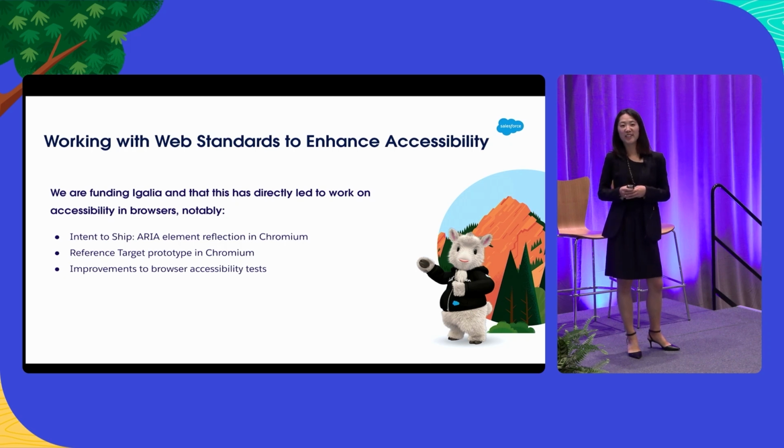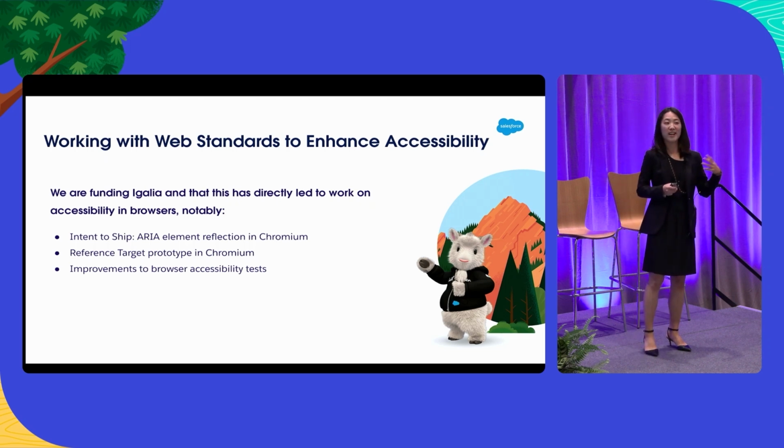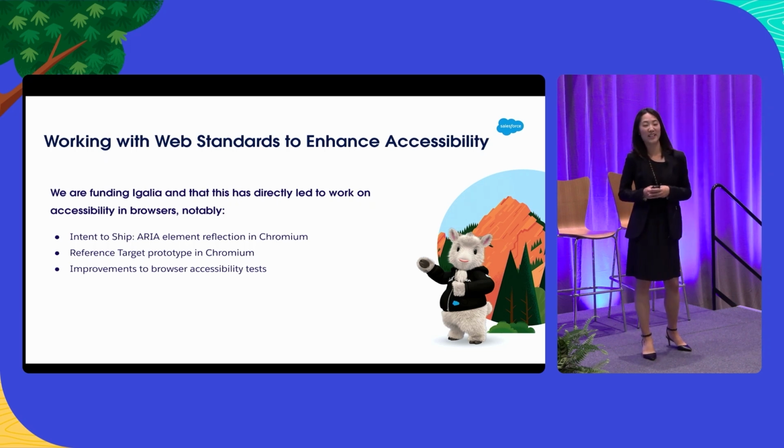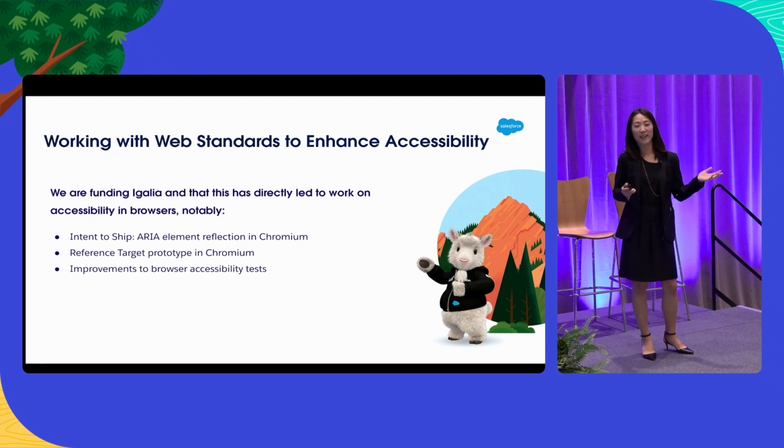Within our own internal Salesforce engineering teams, we are making improvements to our browser accessibility tests to make sure that everyone has equal access and user experience when it comes to interacting with Salesforce.